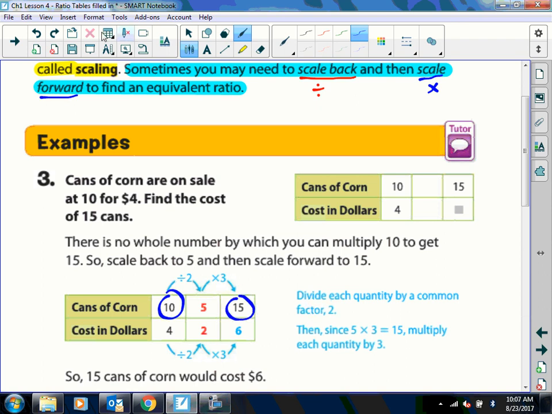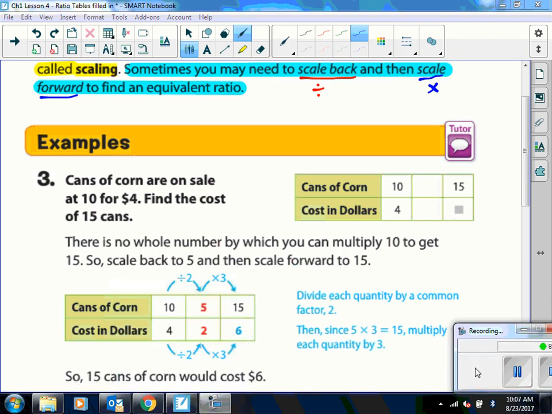Is everybody with me? So that's when we have to either scale forward or scale back so that we can get to the 15. So here we're going to scale back first. So 10 and 4 we're going to divide by 2, and we end up with 5 to 2.